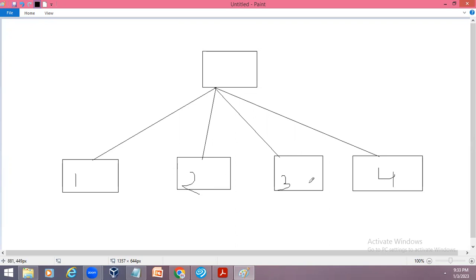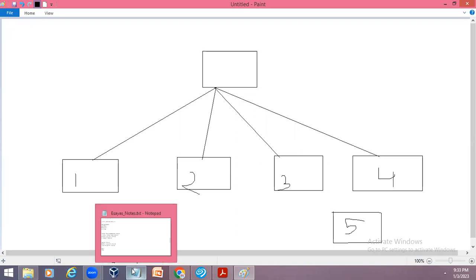Suppose today you are using a 4 node cluster, and your data requirement has increased. Now you require a 5th node also. So how do we do it in Hadoop? In an RDBMS system, it's a really lengthy and costly process.